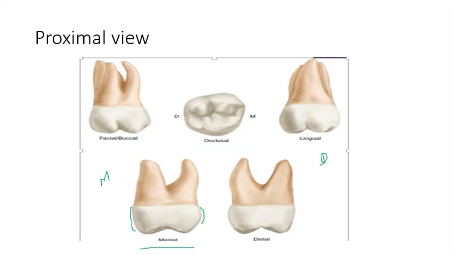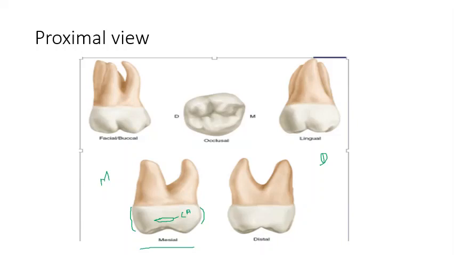The contact area is at the junction of the occlusal and middle third, and it is a bit larger than that of the maxillary first molar, as it is in contact with the maxillary first molar, whereas the maxillary first molar was in contact on its mesial aspect with the maxillary second premolar. So the contact area here is a bit larger.